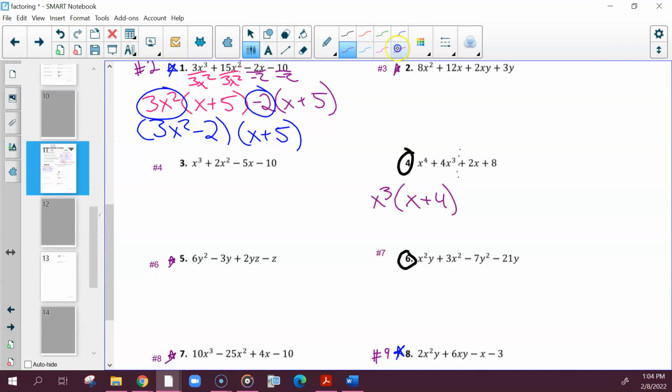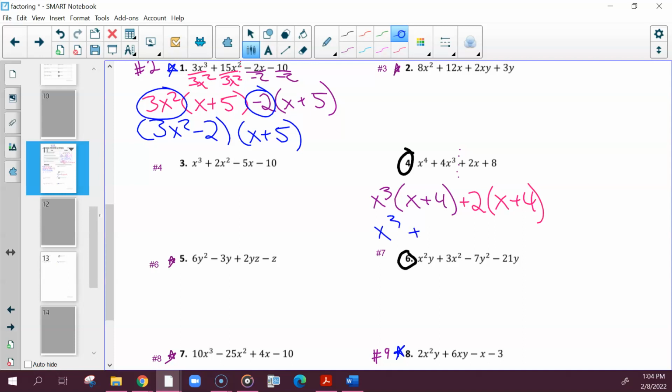Okay. And then for the second set, what could we divide out of both of those? 2. And it'll be positive 2. And if I divided both of these by positive 2, what's left? X and 4. X plus 4. So what would our two factors be? It'd be 2x³, right?